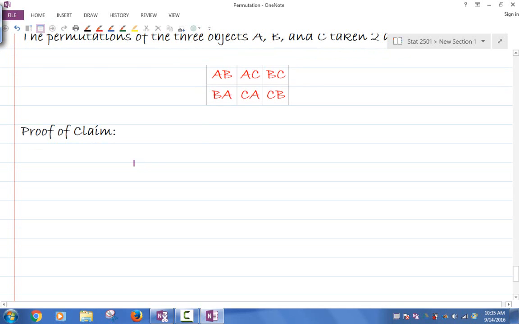So notice that we have 1, 2, 3, ... So basically, this is the first position, this is the second position, and this is the kth position, because we are picking k objects at a time out of the n of them. K is smaller than n.